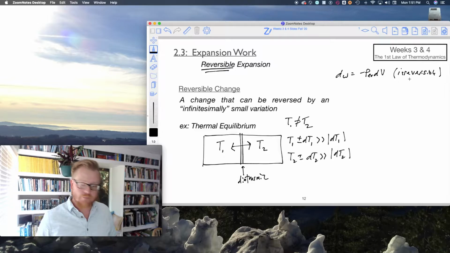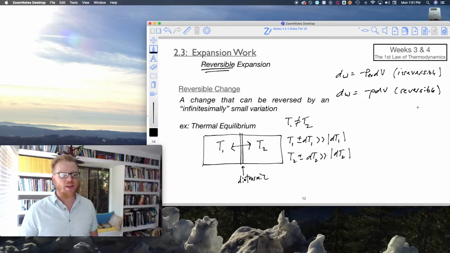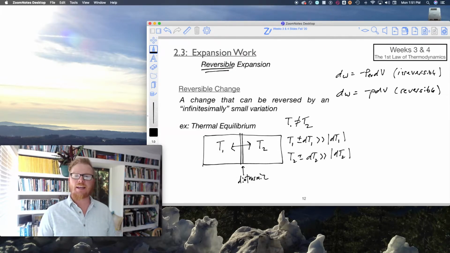So how do I write reversible expansion? I can simply say dW equals negative P dV, reversible. And thus we have to think of how P depends on V in the reversible expansion.